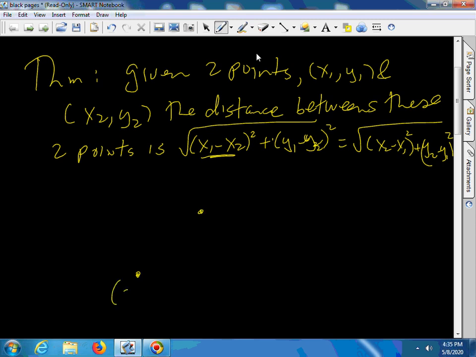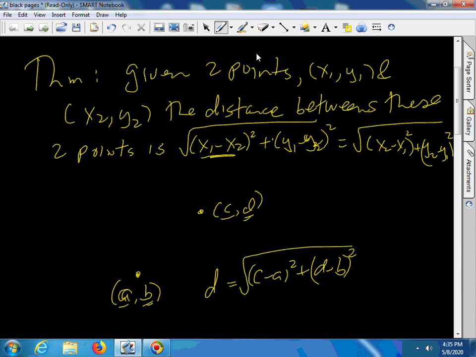this is point A, B and this is point C, D, and I want to find the distance. Well, do I do C minus A squared plus D minus B squared, square root? Or, in other words, let's suppose we're using this formula.